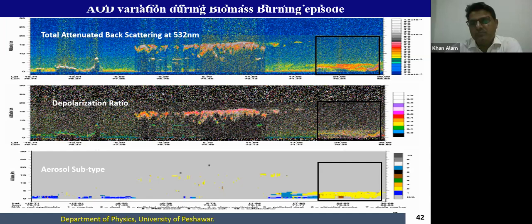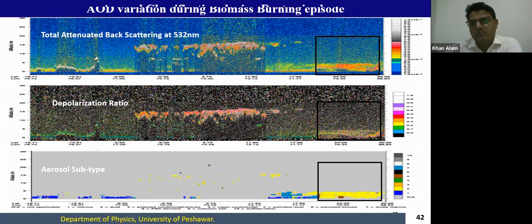The depolarization ratio also provides the information that the fine particles are dominant. And if you look at the aerosol subtype classification, the yellow curve corresponds to the dust particles, so it belongs to dusty days. So based on the CALIPSO vertical profile, we can also differentiate between different natures of particles.